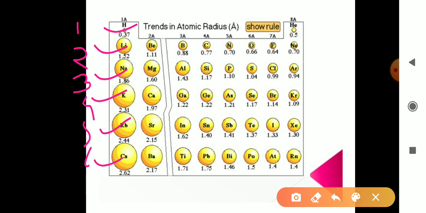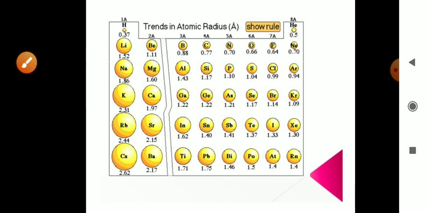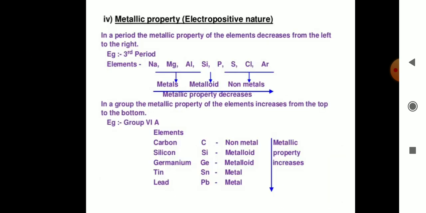So as shells increase, size also increases down the group, or top to bottom. And opposite to this, from left to right, we can see size goes on decreasing. Okay, so this is about atomic size in periods and groups.